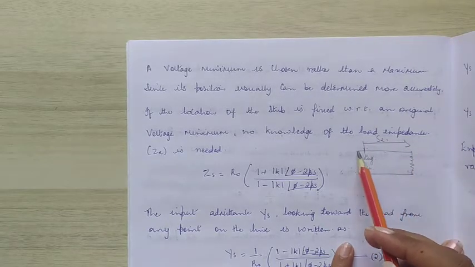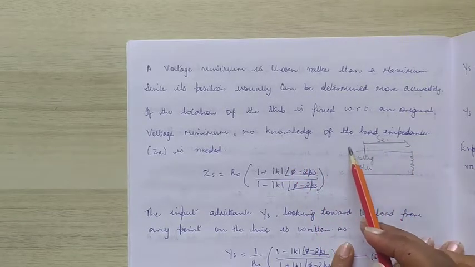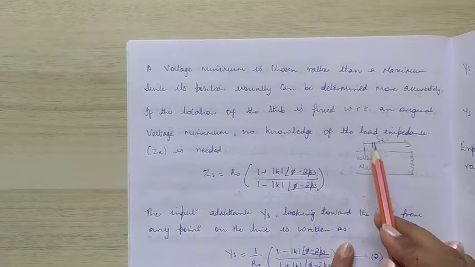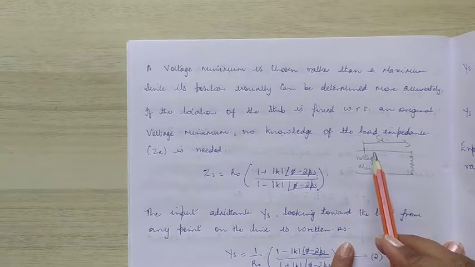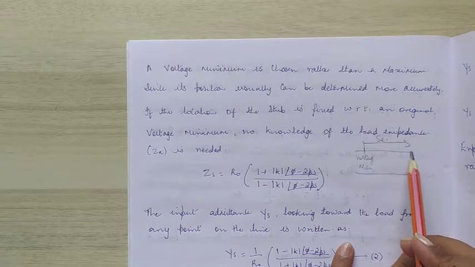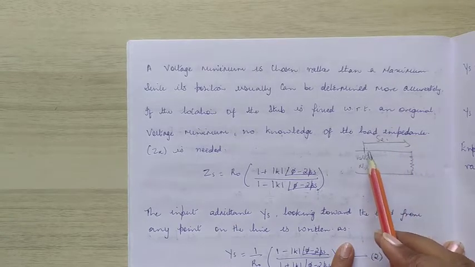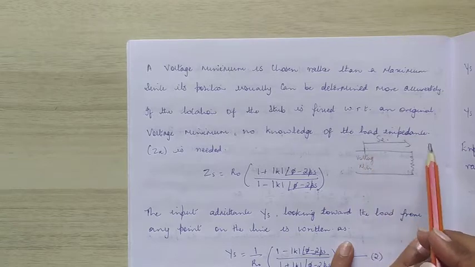Now obviously there are millions of voltage minimas that occur on the line, but we find a voltage minima that is closest to the load. This is the load, the minima that is closest to the load is found out.